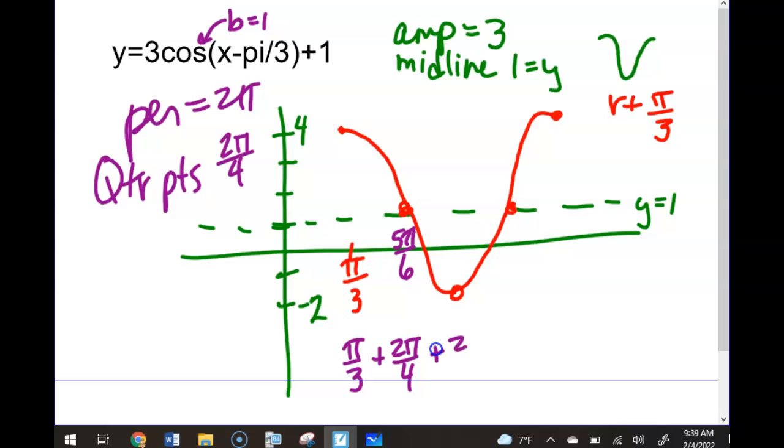If you add another 2/4, can you do that? Plus 2/4 onto the 5/6, because that was the quarter point. Math, enter, enter. 4/3 plus 2/4. Math, enter, enter. That would be 8/6, 11/6. Plus one more.